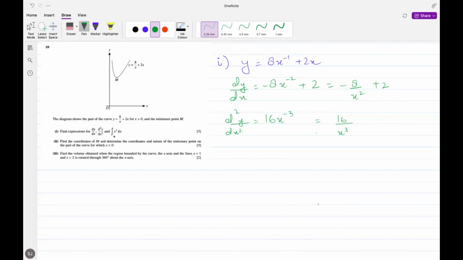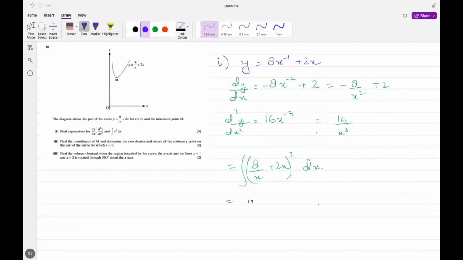And in the third part, we have to integrate y whole squared. So integrating y squared, first of all, we'll write it as the integral of 8 upon x plus 2x whole squared. Before integrating, we'll expand this expression.